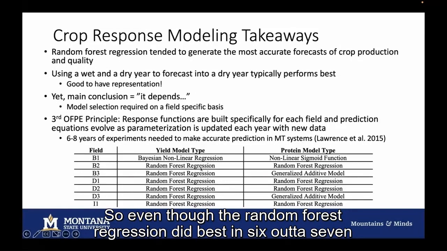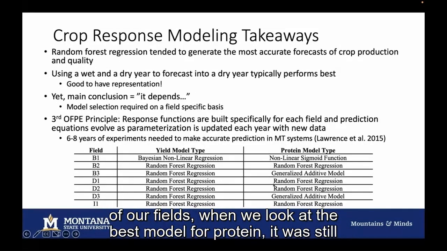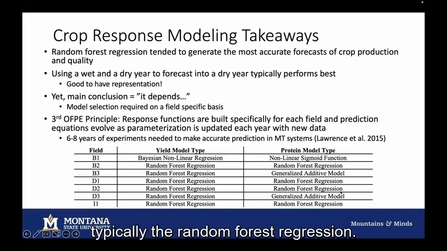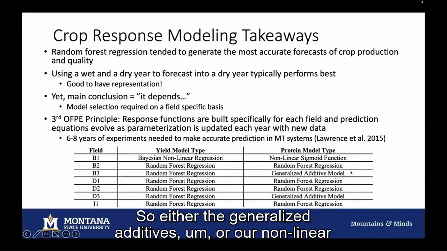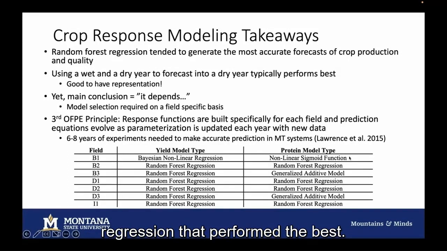So even though the random forest regression did best in 6 out of 7 of our fields, when we look at the best model for protein, it was still typically the random forest regression, but you see that in a few fields, it was different models. So either the generalized additive or our nonlinear regression performed the best.